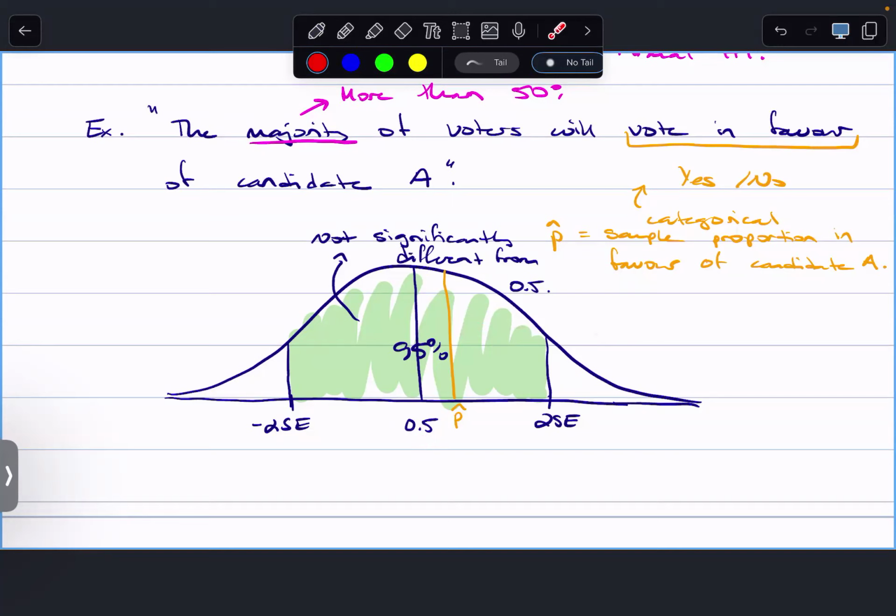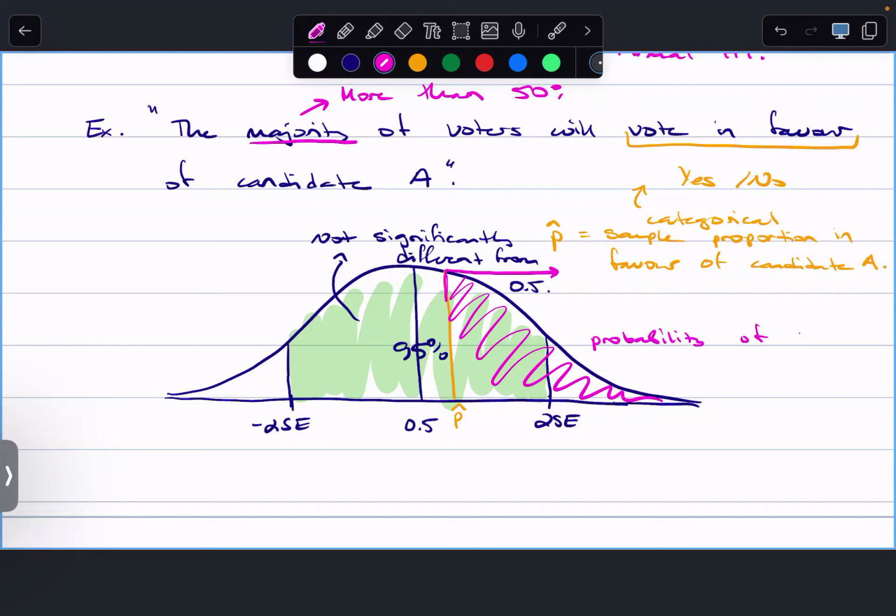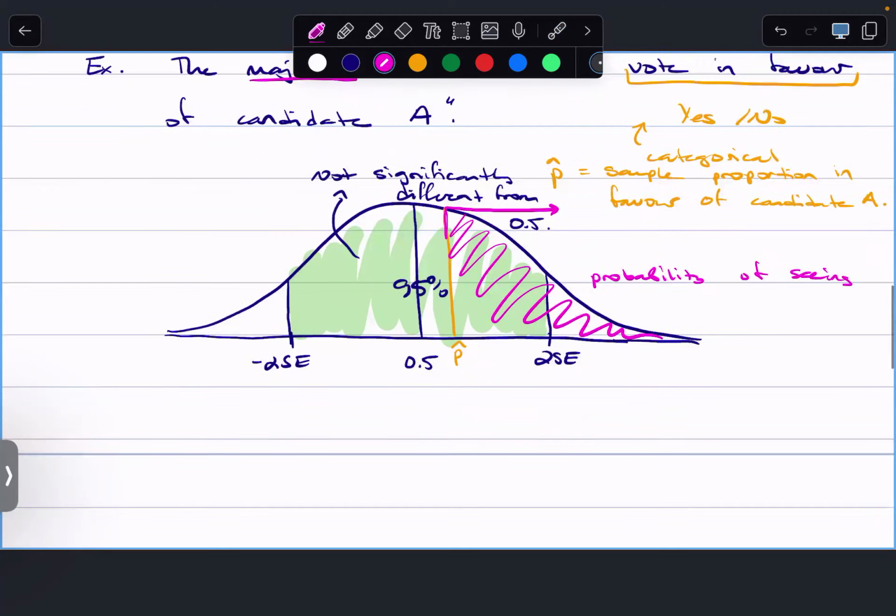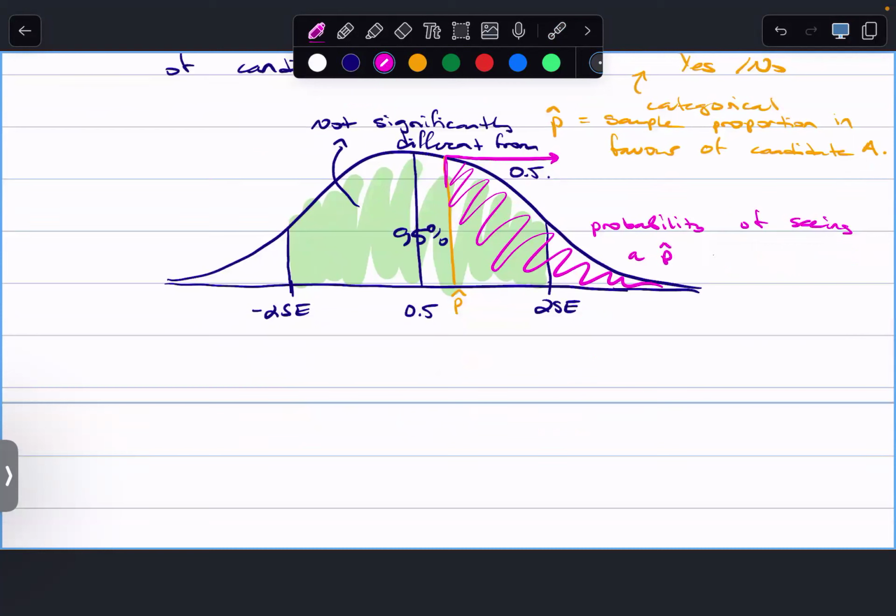And so here, that's going to be the area to the right, right? More extreme, if you're above 0.5, has to be this area. And so from here, this area is the probability of seeing a p-hat as extreme or more extreme.